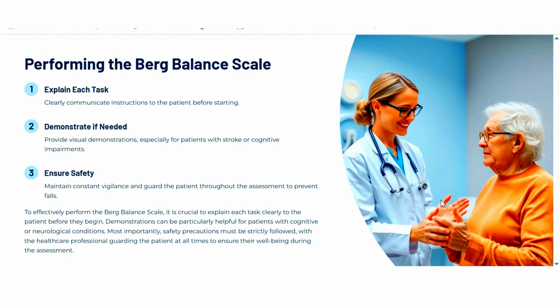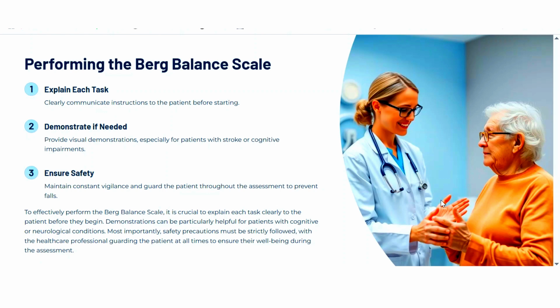If the patient is not able to understand, try to communicate in a language the patient understands in a very easy way, because in certain regions their English is not clearly understandable, so you have to work on that. The second one was demonstrate if needed.